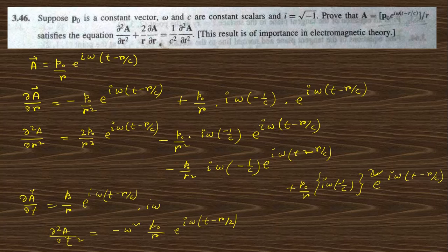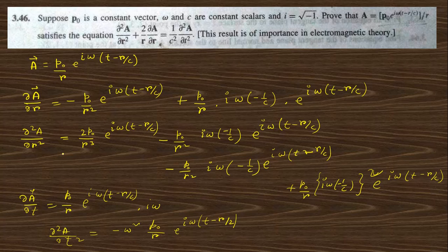So the left hand side of this expression is ∂²A vector by ∂r² plus 2 by r ∂A by ∂r.